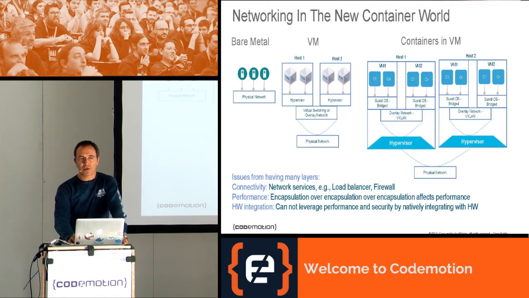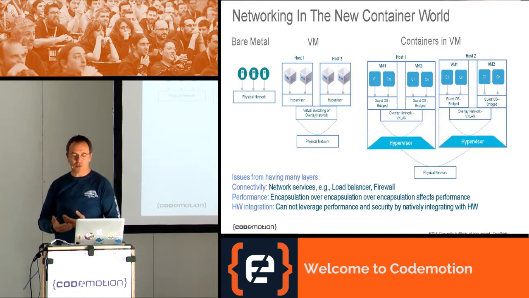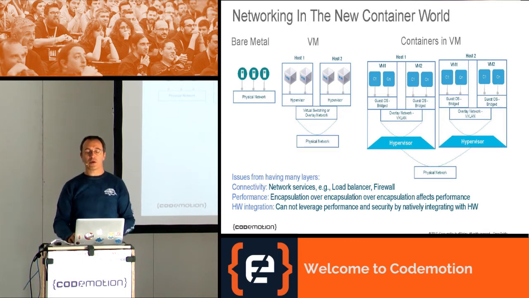So you have two networks to manage. Sometimes they are integrated by a good solution. Sometimes they are two disconnected worlds that makes it difficult to do the right configuration, troubleshooting if something is not working properly. When you run containers eventually within virtual machines, it is even more complicated because you have three layers of networking: the physical one, the virtual machine networking, and the container networking.